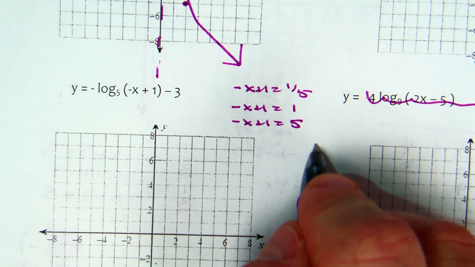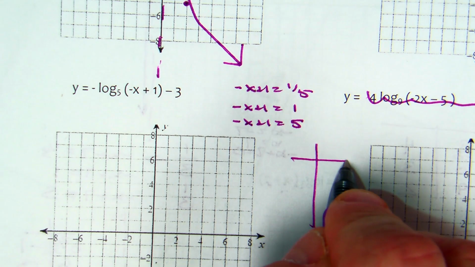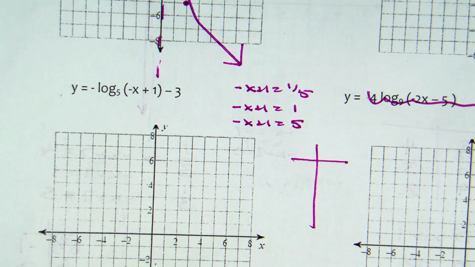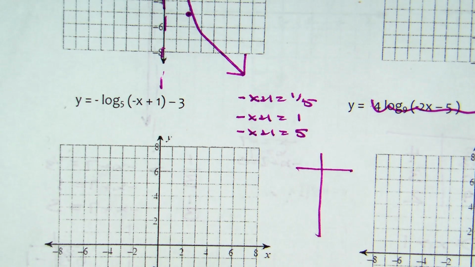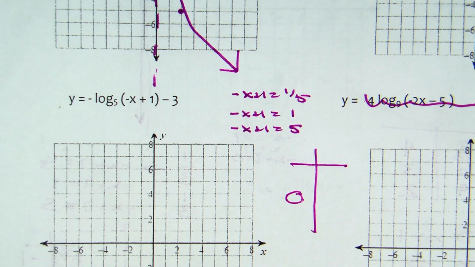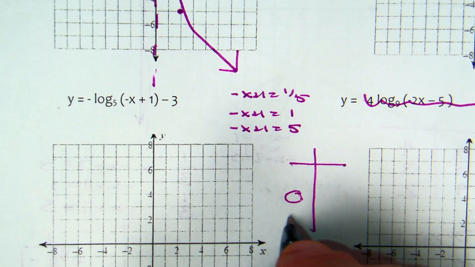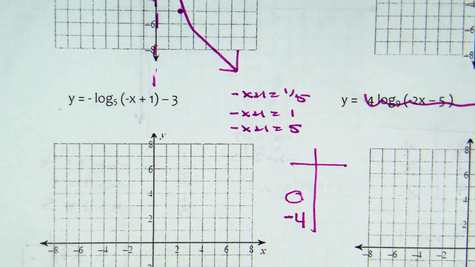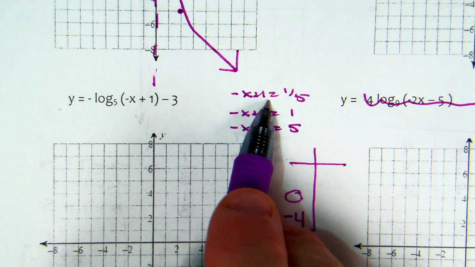And then you solve each one. If you're going to struggle with that, I would suggest you do the second two first, because they're usually easier. So that becomes 0. This becomes negative 4. And then just work on this one.